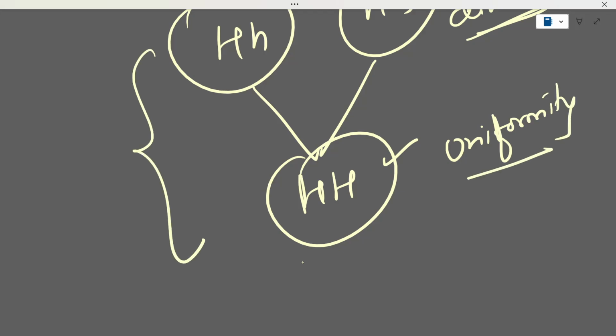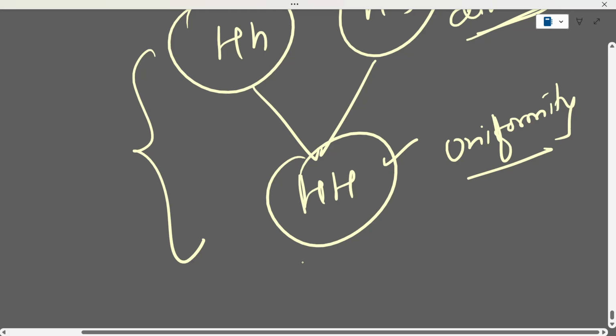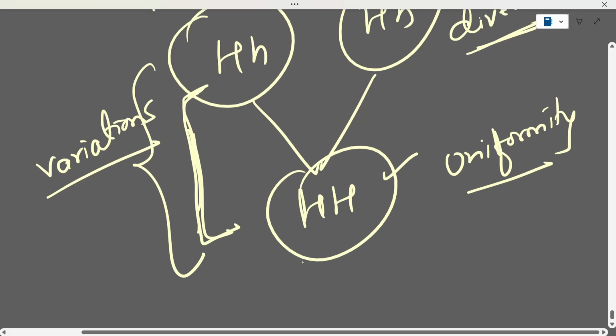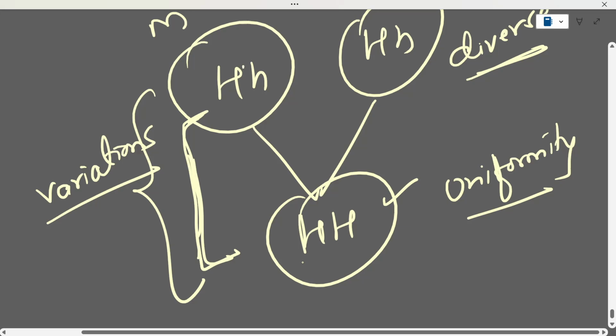So in order for natural selection to work, variations need to be there. And this may be a simple explanation, and the process itself is more complex than I have explained here. But on the basic level, it happens this way.